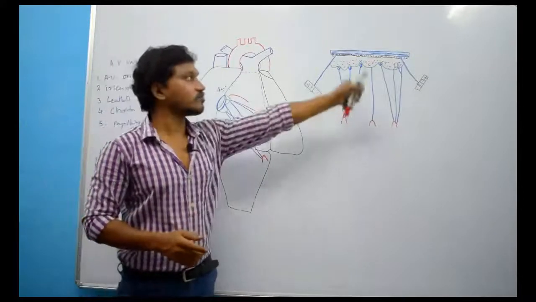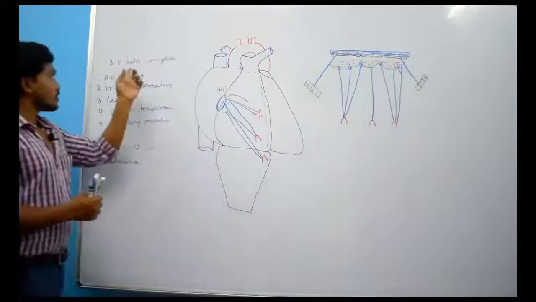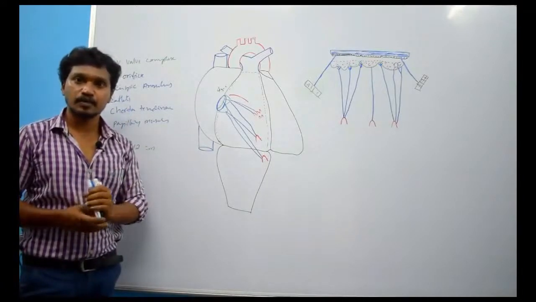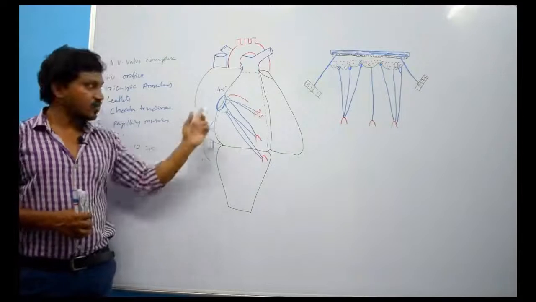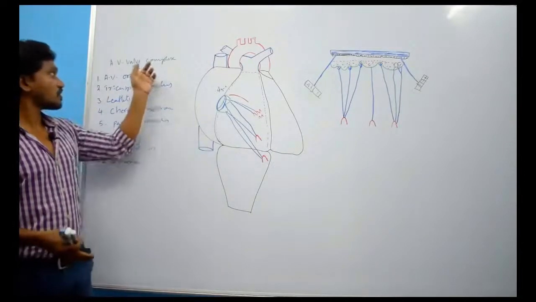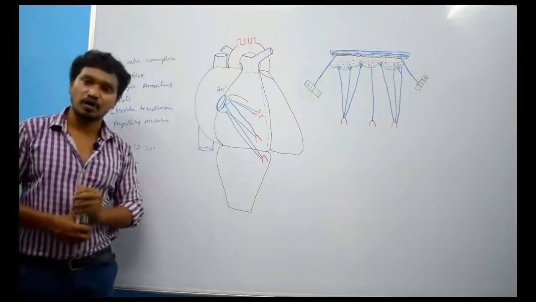So totally we discussed the atrioventricular valve complex in detail. Clear? Then how does it work? What is the mechanism of closure and opening of the atrioventricular valve complex?